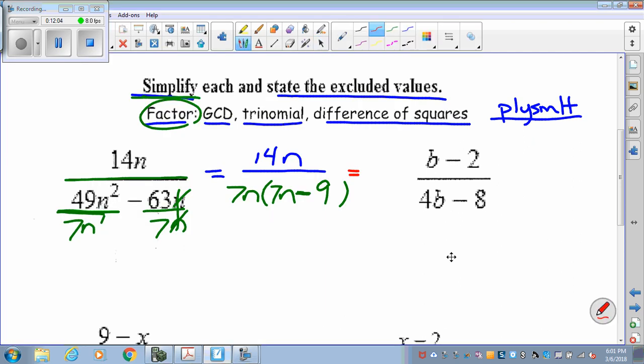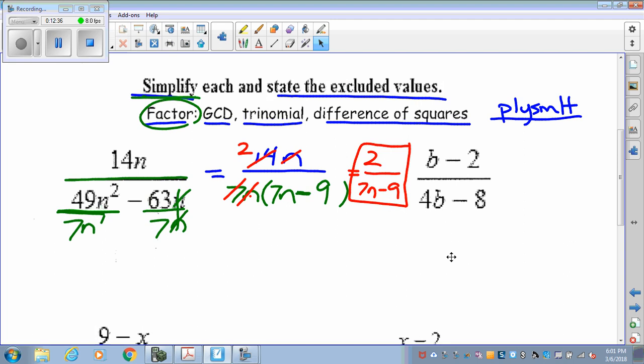All right, so that both of these divide out, and I end up with a 2 in the numerator. All right. And then I have this n is going to divide out with that n, right? Because a number divided by itself is 1. And so what's left here is this 7n minus 9, and this is my final answer. Okay.